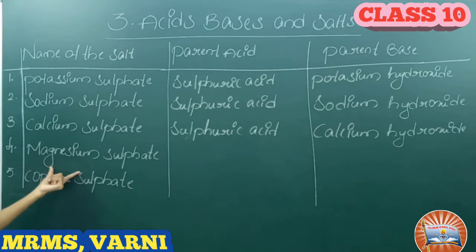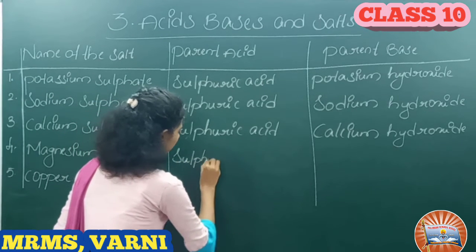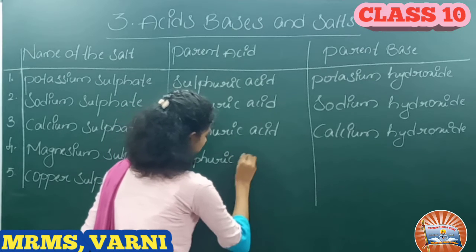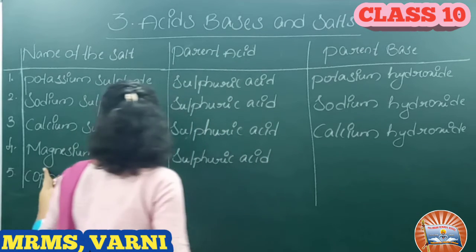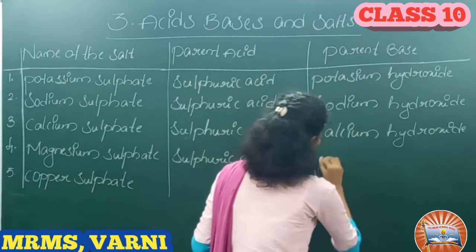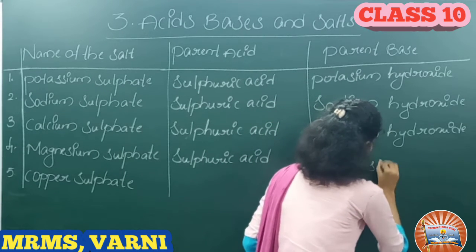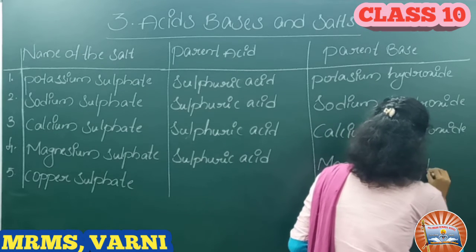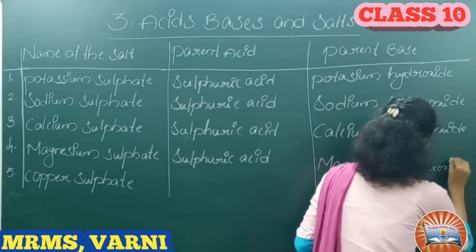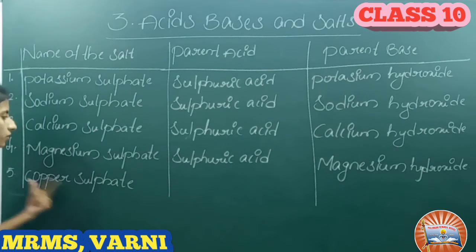Okay, and next magnesium sulfate. For this we'll use the acid sulfuric acid and base is a magnesium hydroxide. And next copper sulfate.